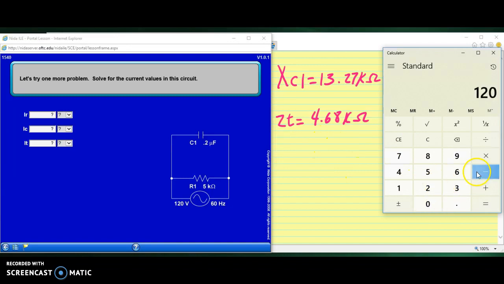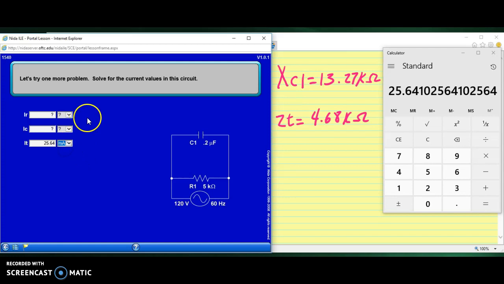So 120 divided by 4.68 gives us 25.64 milliamps because we did it by the K value. And now IR is going to be equal to 120 divided by 5, and that's 24 milliamps.